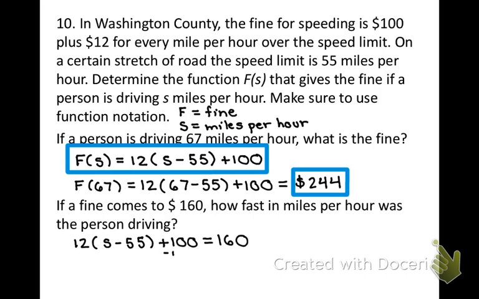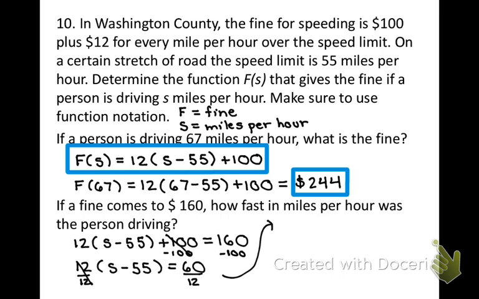So let's start by subtracting 100. We have 12 times the quantity S minus 55 equals 60. Let's go ahead and divide by 12 now. And that's going to give me S minus 55 equals 5.